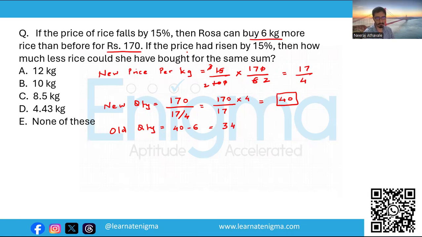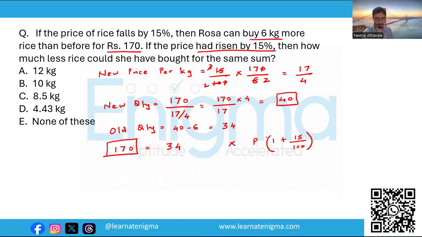Now, the final question asked is, if the price had risen by 15%. Now, 170 is equal to the quantity, that is 34, into the price. Now, the price is rising by 15%, so it will become 1 plus 15 by 100 multiplied by P. Now, the expense needs to remain constant.